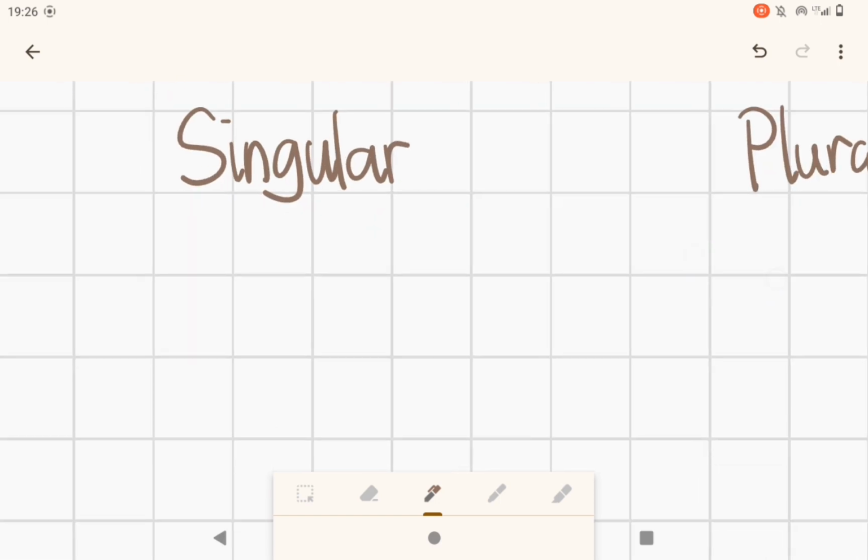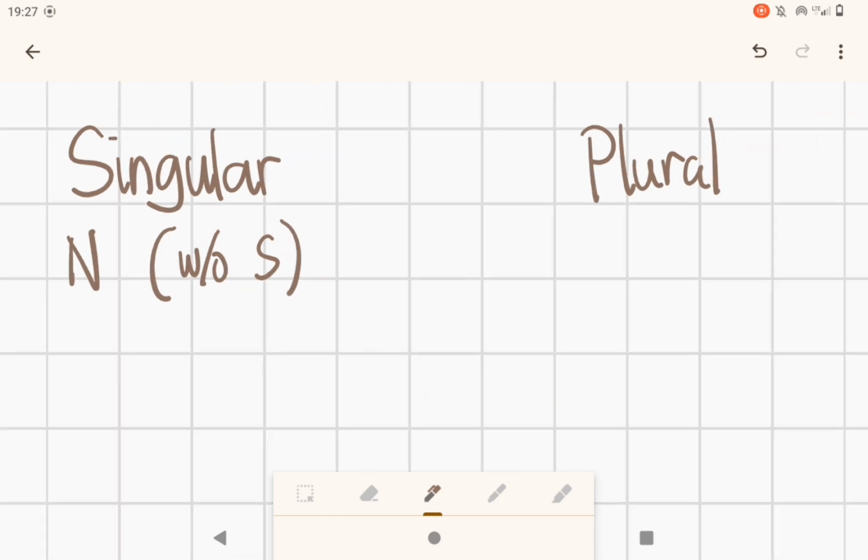For singular form, of course, you can find a noun without s. For example, bag. Meanwhile, in plural, we can see it with s.